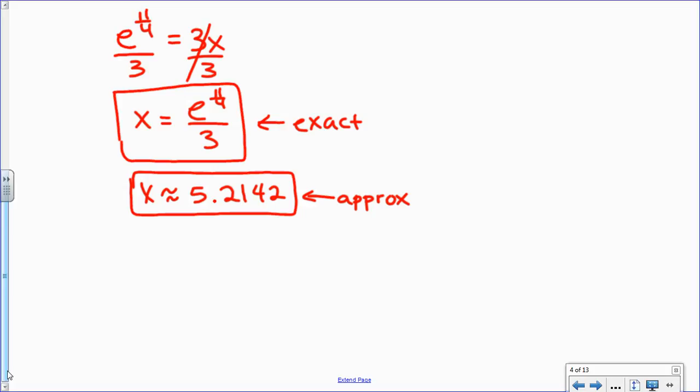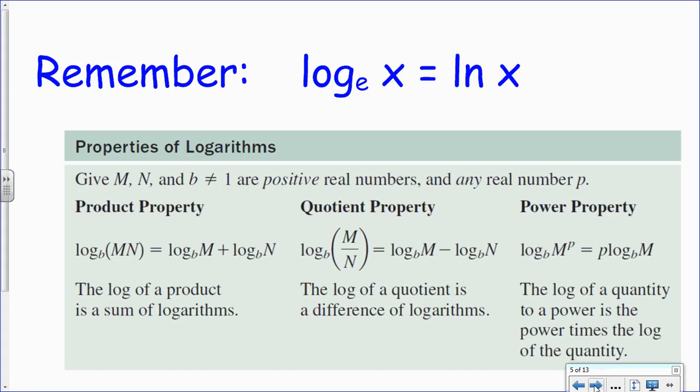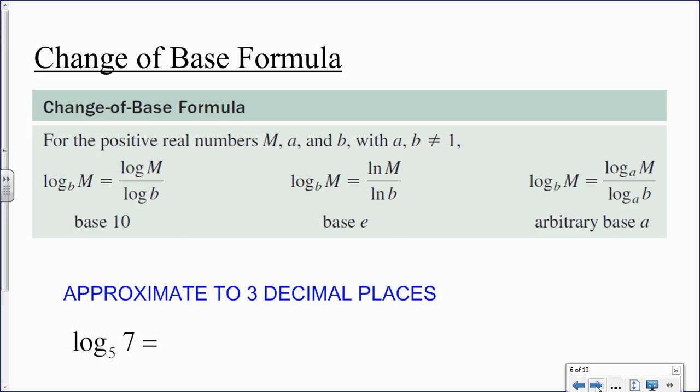Okay, so if we have natural log or e or log base 10, like common log, then we don't have to worry because those buttons are on any type of calculator we're using. But if we want to do log base something else, like base 6, then we need a way to do that in our calculator, a way to approximate.